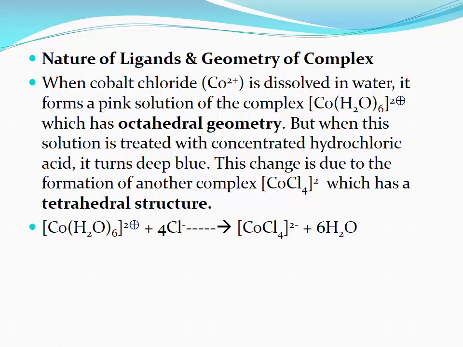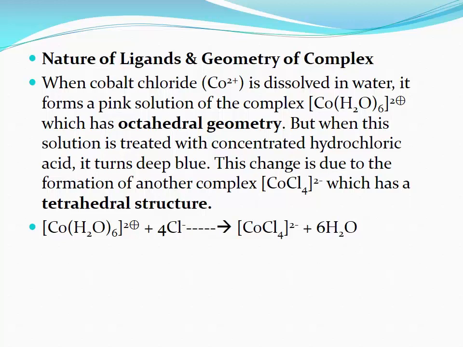of the complex [Co(H2O)6]2+. When cobalt chloride is dissolved in water, it undergoes dissociation to form Co2+ ion and Cl- ion. The Co2+ ion gets surrounded by water molecules in the aqueous solution.